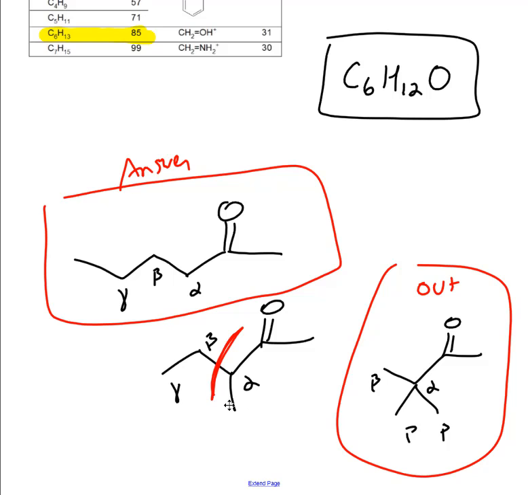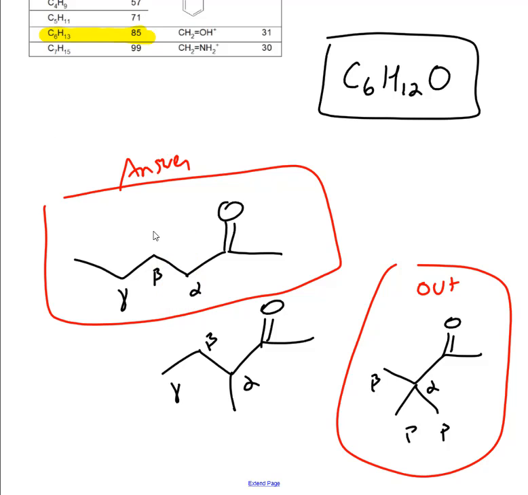You have an extra carbon, extra 14, right? 12 plus 2 H's. So that would actually be 3 H's. So this is not going to give us 58. This will give us 58 right there. And this is out because it doesn't even have a gamma. So that's how we solve this problem, okay?